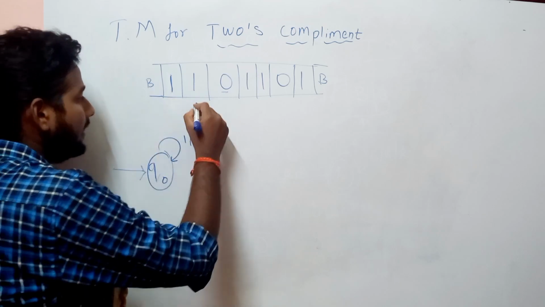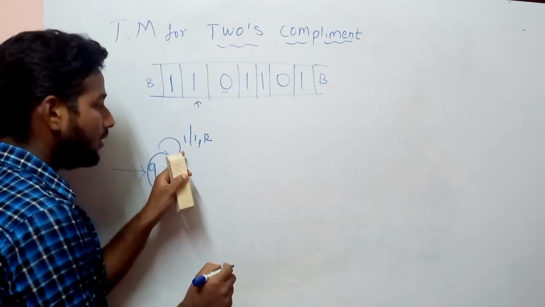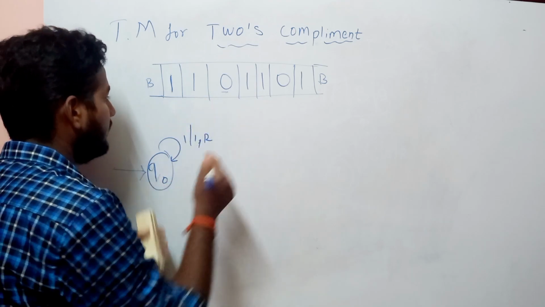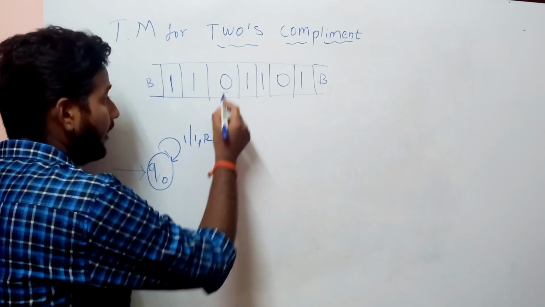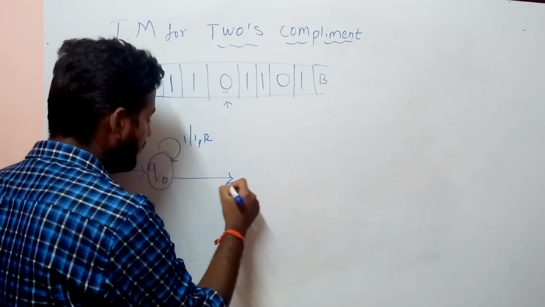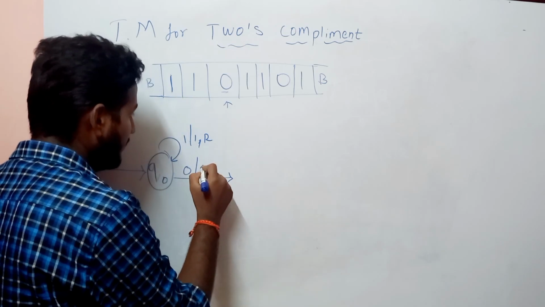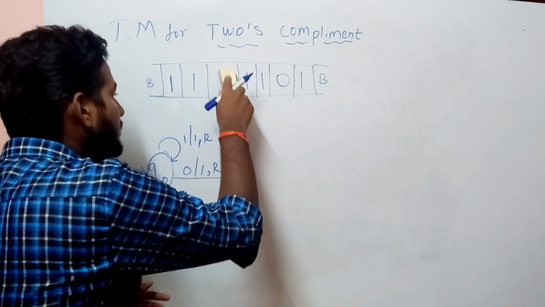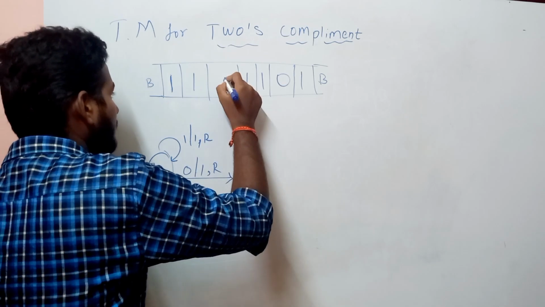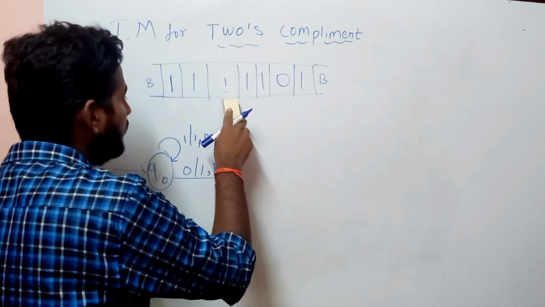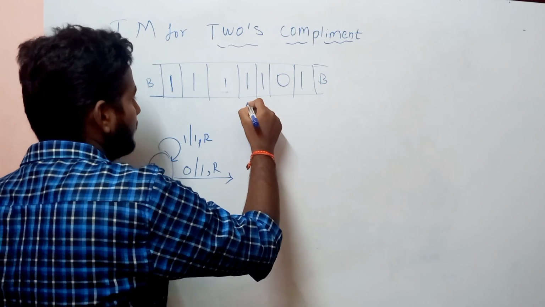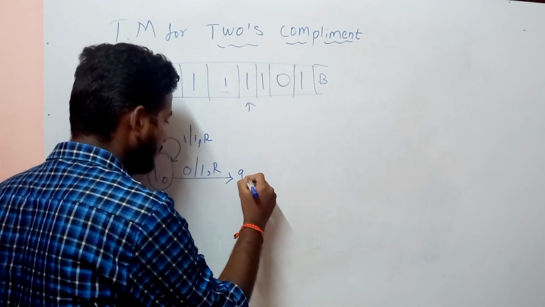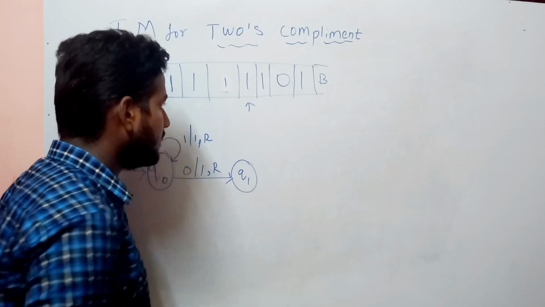This one also remains the same, 1, and the pointer moves to the right. Whenever we get the first 0, this 0 is represented as 1 and we move to the right. Now the pointer is here. This Q0 changes to the Q1 state.